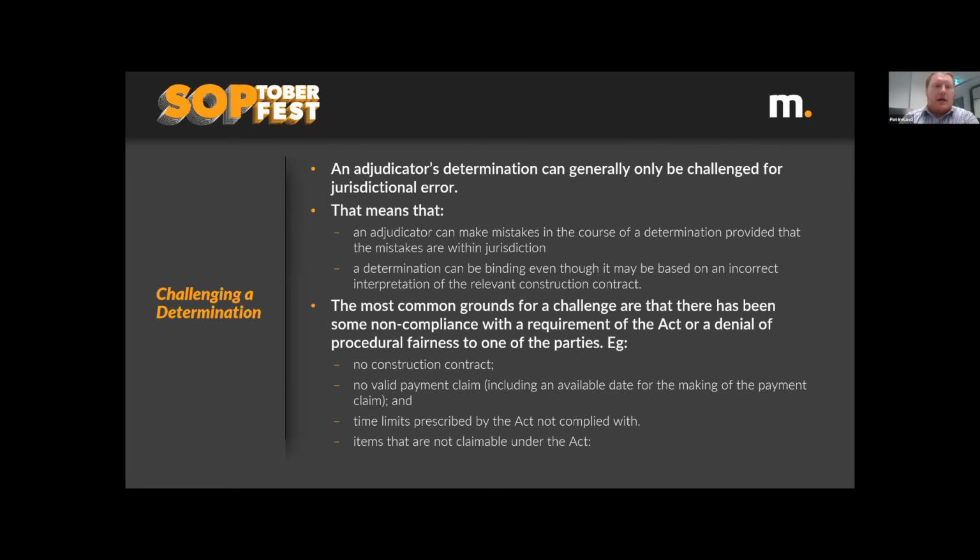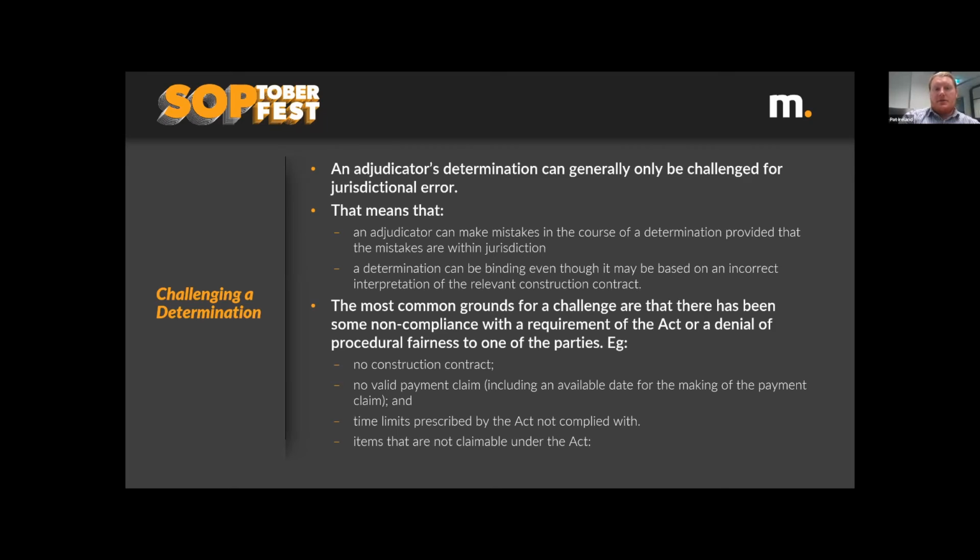Okay. So a big question that a lot of clients have is, well, once we get the determination, what shot do I have of challenging it? And it's not quite as straightforward as you might think.